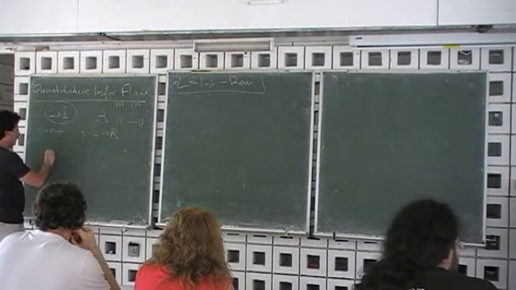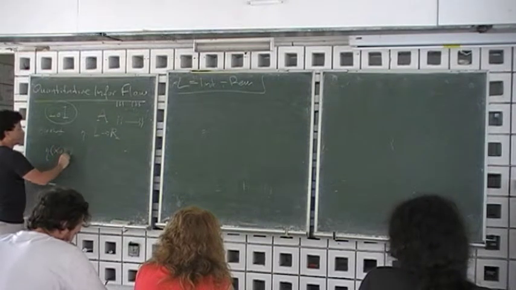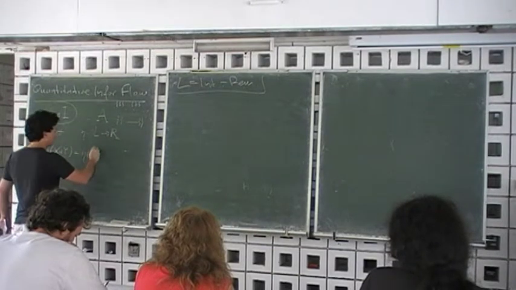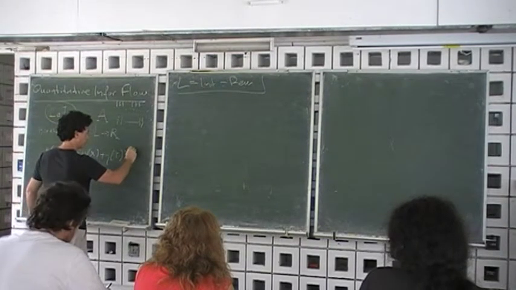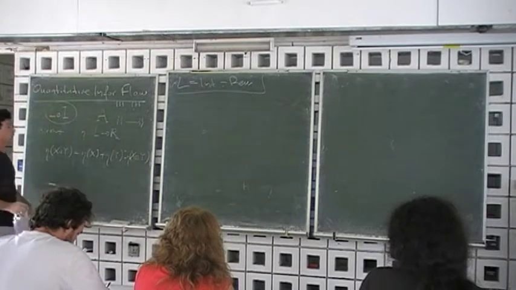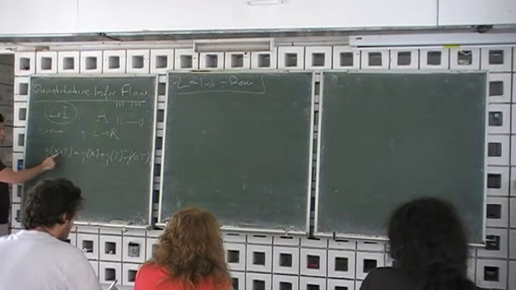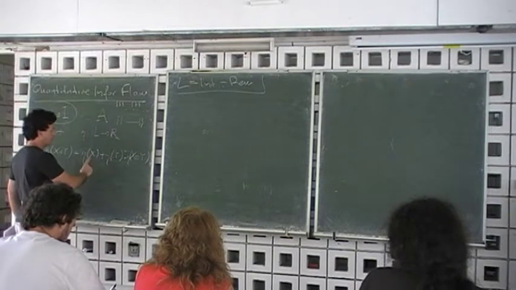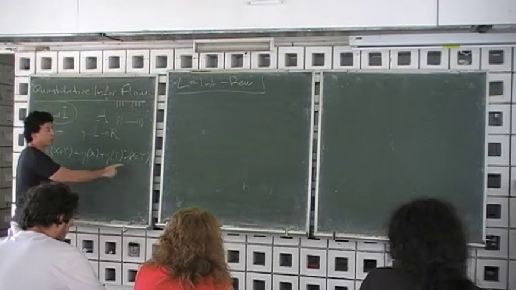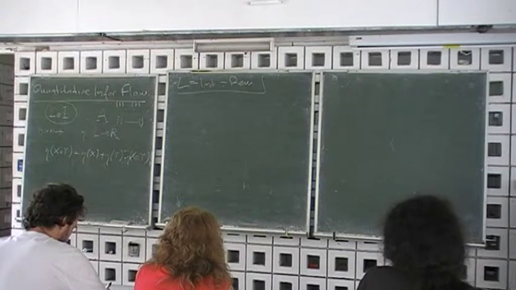So the inclusion-exclusion principle is that if you take the join of two elements in the lattice, the measure of the join is equal to the measure of the first element plus the measure of the second element minus the measure of their meet.